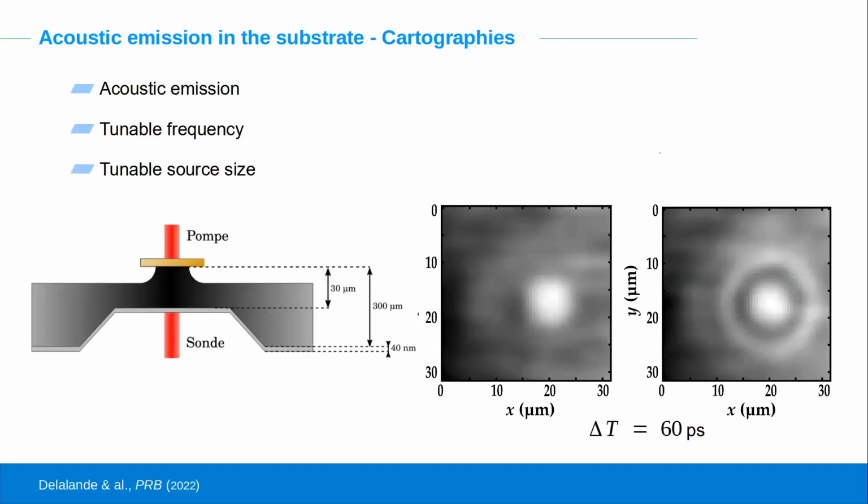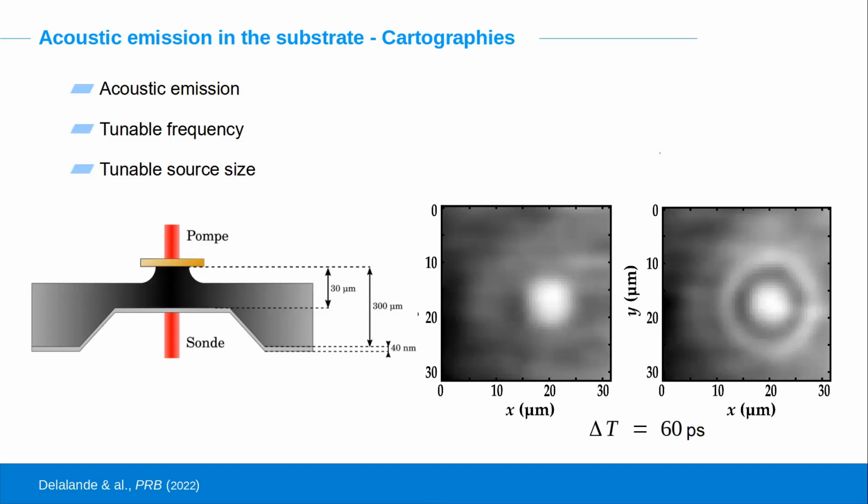And so we can do some acoustic cartography of the displacement field on the other side to look at acoustic waves coming from the nanodisk. And so basically what we have is a nano-source with tunable frequency that can be designed by choosing carefully both the height of the disk, the thickness of the disk, and the material, and so the velocity of acoustic waves in the disk.